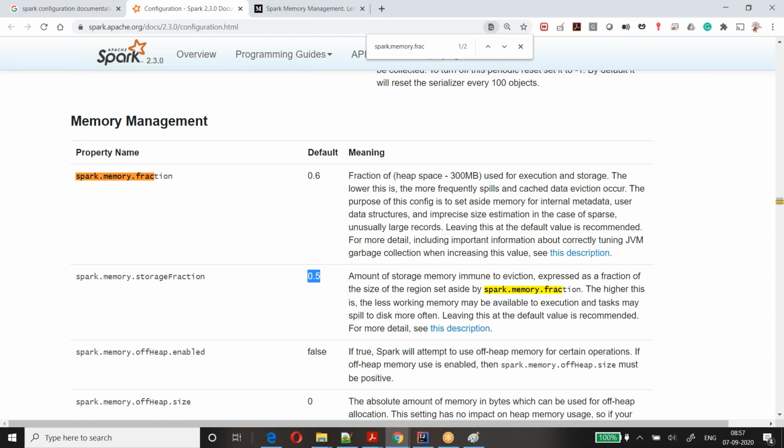The least recently used pieces will be evicted, and it will provide space to execution. Try to remember that, guys. That's important.